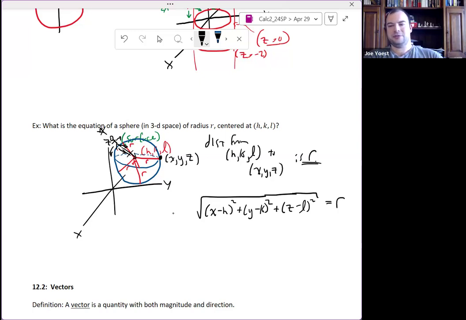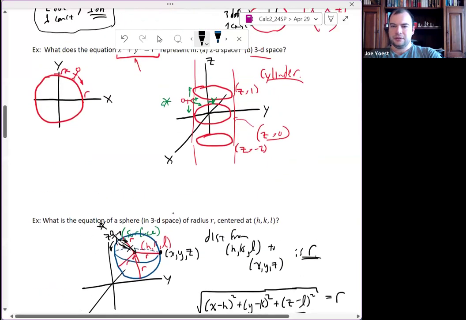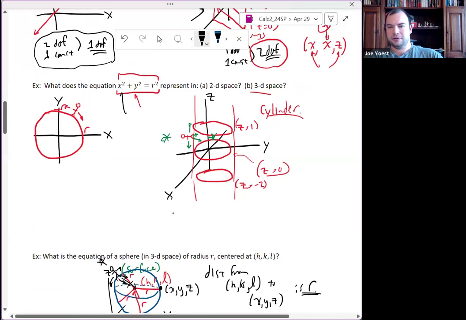I would no longer satisfy this constraint. Or the way we'd often write this, we would often write it this way, right? The 3D analog of this 2D circle.